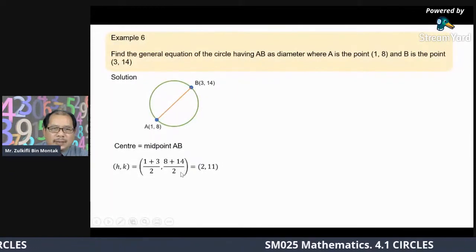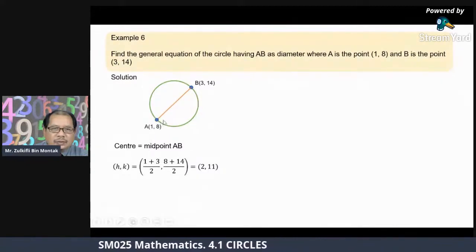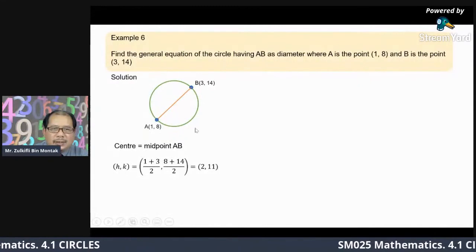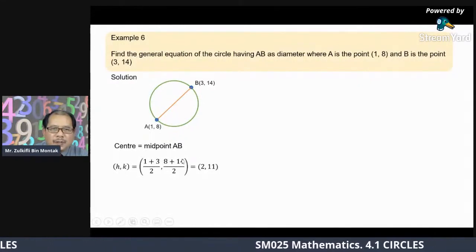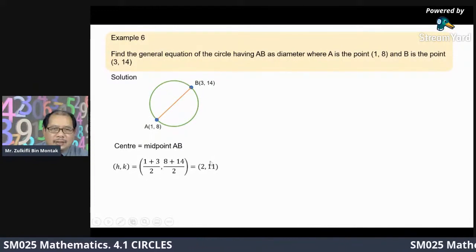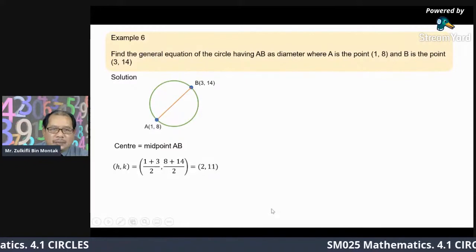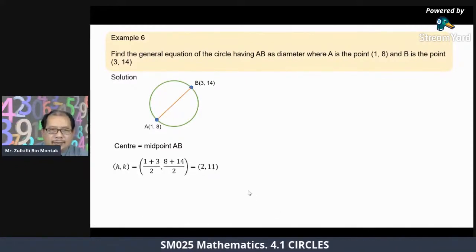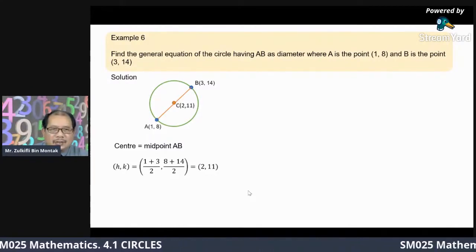In this example, x1 equals 1, x2 equals 3, y1 equals 8, and y2 equals 14. So 1 plus 3 divided by 2, 8 plus 14 over 2. So we have the center equal to (2,11). Now we have the center (2,11).